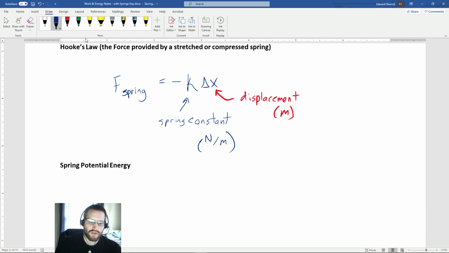And so this force is what's guiding our spring potential energy. This force is what's doing the work. And if you'll recall, work is force times distance, so you can imagine that it's going to be this force times some value of delta x, and so we can imagine that we're going to get a k delta x squared.